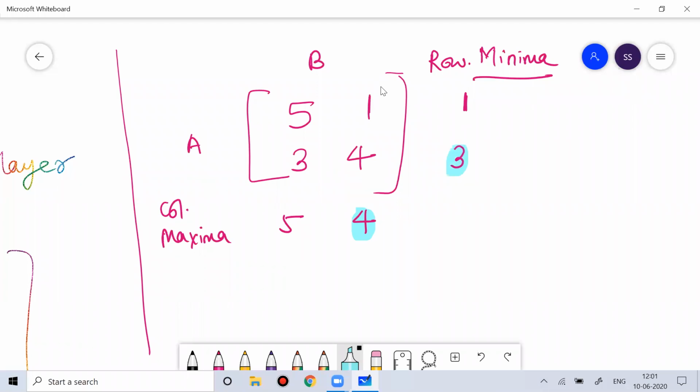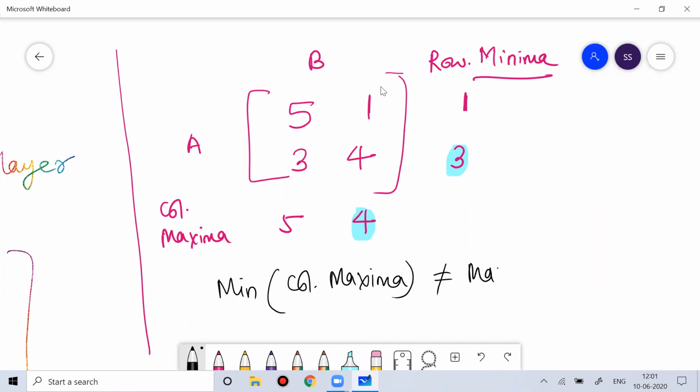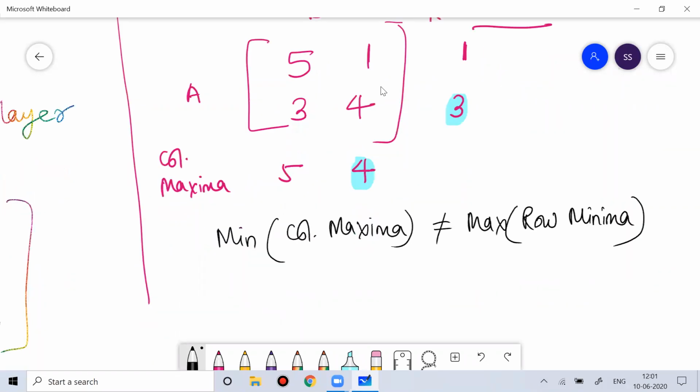So they are not equal. So it is a problem of mixed strategy.